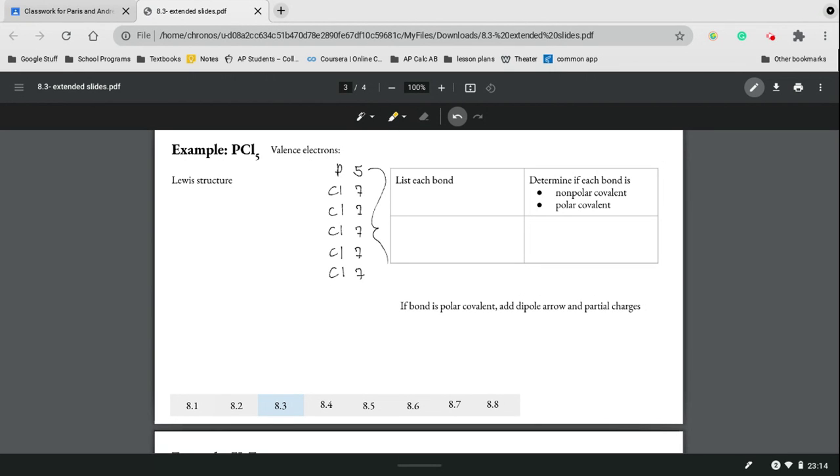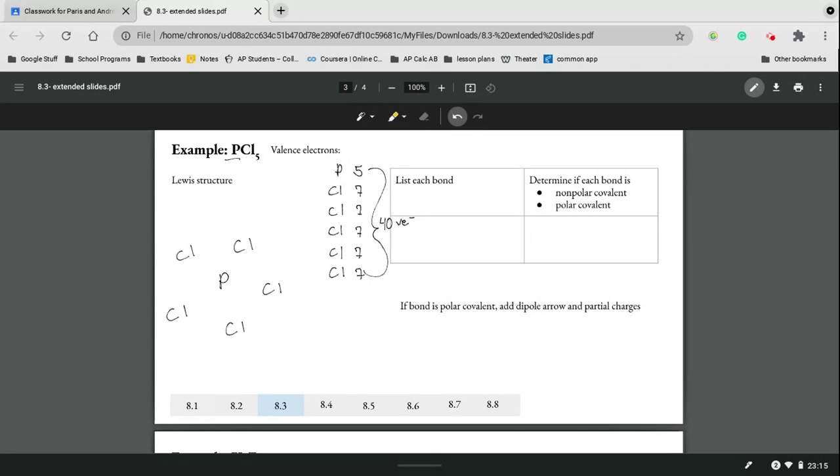And the grand total here is 40 valence electrons. And so we also start with phosphorus in the middle because it's listed first, and then surround it with chlorine. The spacing doesn't have to be perfect, but it should just be clear that it's evenly split.